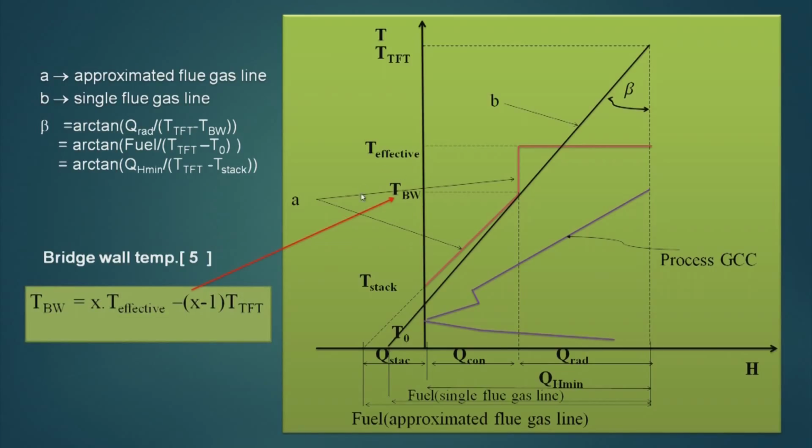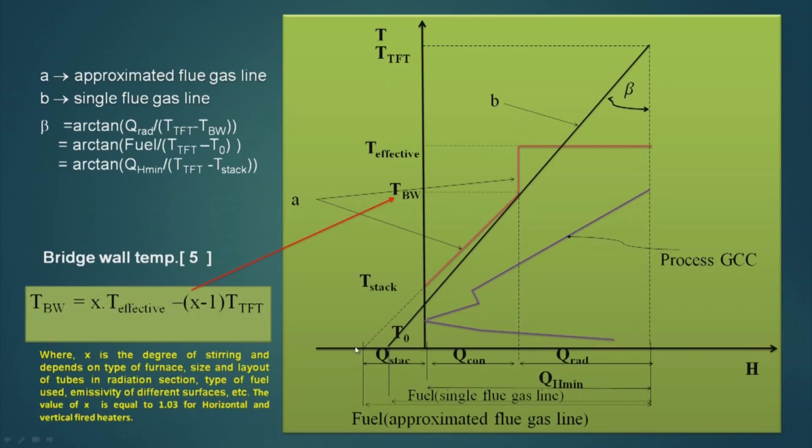Now, the bridge wall temperature, because it involves bridge wall temperature here, can be computed as x into T effective minus x minus 1 into T f t, where x is the degree of stirring and depends on the type of furnace, size and layout of tubes in the radiation section, type of fuel used, emissivity of the different surfaces, etc. The value of x is equal to 1.03 for horizontal and vertical fired heaters.